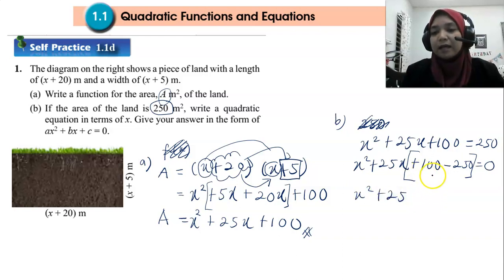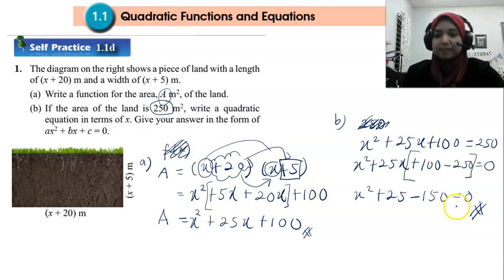So, what happened? 100 minus 250, awak dapat minus. Kalau confused, ambil calculator buat 100 minus 250, awak akan dapat negative 150 equal to 0. So, selesai.